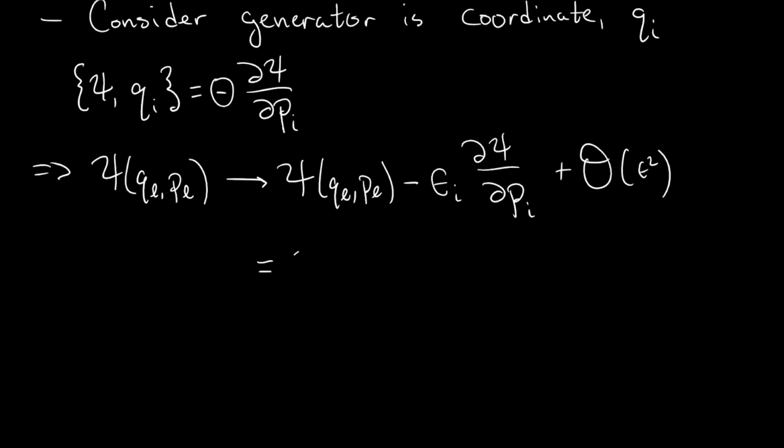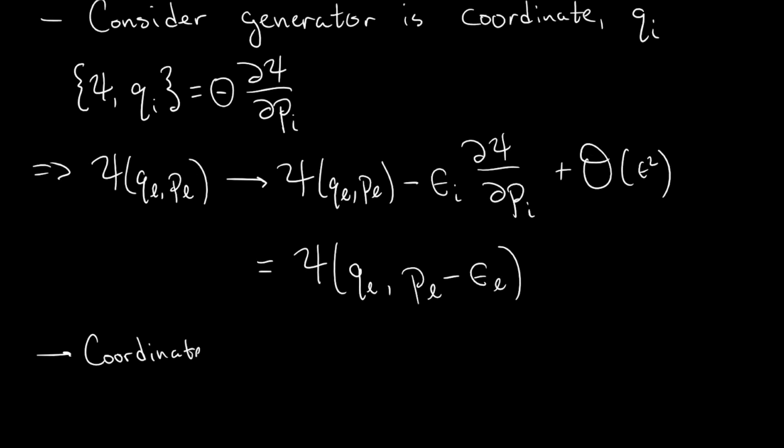Which is just this guy, now minus epsilon. So here we see that our coordinates generate momentum shifts.